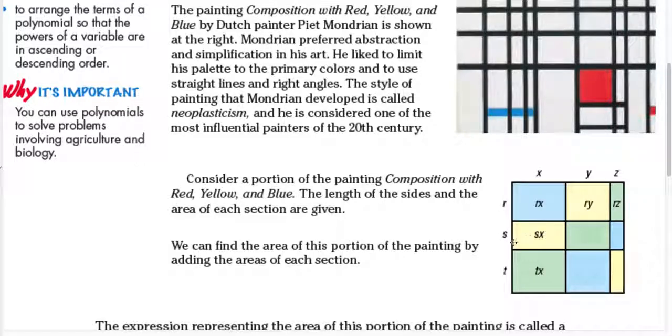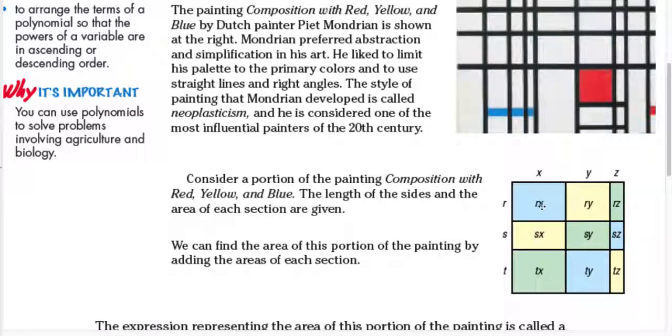And we do the same to the rest of the rectangles. This green rectangle will be Sy. This light blue rectangle will be Sz, the area that is. The area of this rectangle will be Ty, and this beige rectangle will be Tz. Okay, so we can find the area of this portion of the painting by adding the areas of each section. So what it's saying is that we want to find the entire area of this painting.